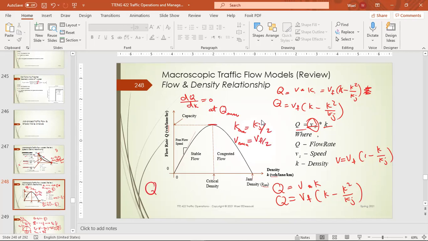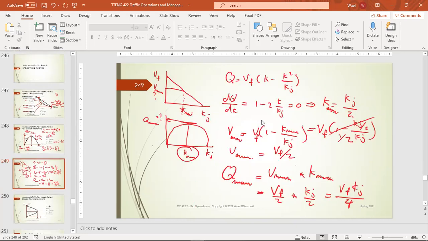That means Q maximum equals VF multiplied by K jam divided by 4. Any questions so far? And we showed this relationship here, and that was the derivation for that.